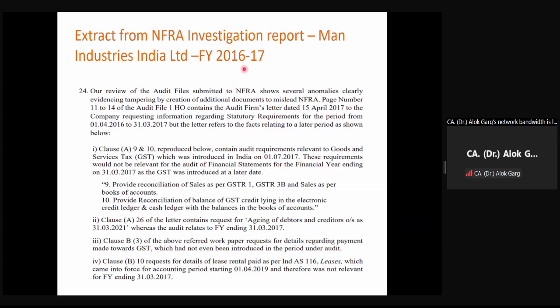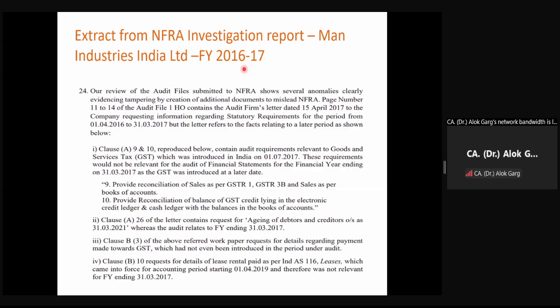NFRA was constituted in 2018, and this company was picked for investigation after 4-5 years. You will be surprised to see what is written in this NFRA report.